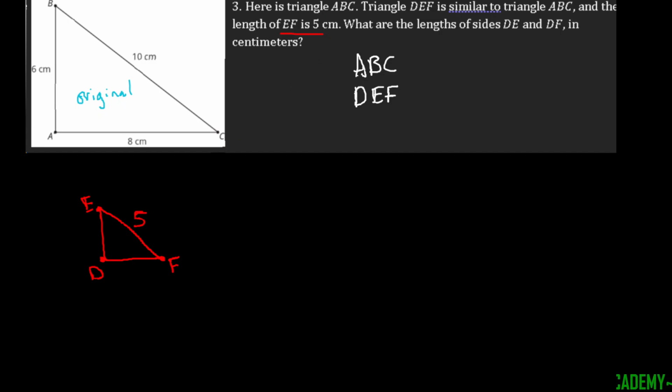And when it says similar, what does that mean? Anytime it says similar, that just means it's going to be proportional. That means if we multiply it by a certain scale factor, we should be able to get our new triangle. So what we're trying to figure out is how we went from 10 to 5.